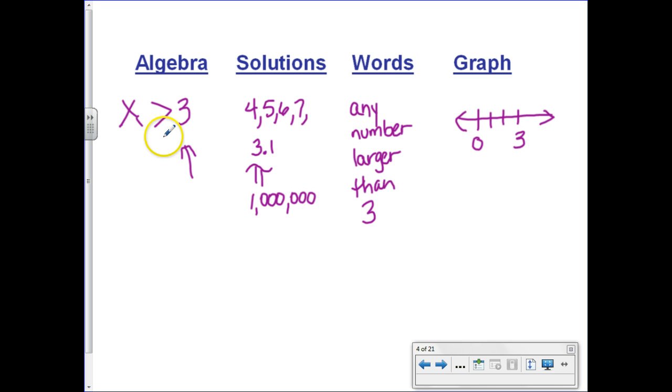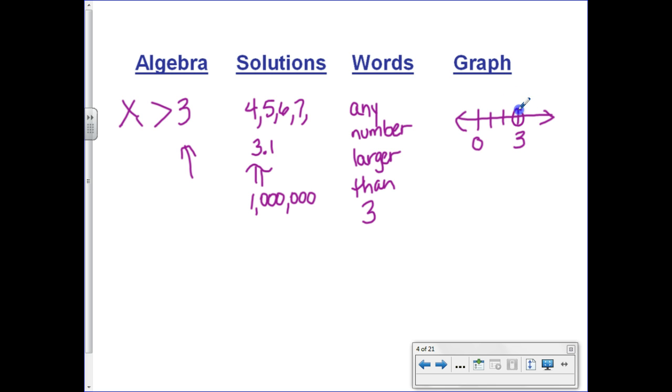Now, here's what's happening. I want all of these numbers like 4, 5, 6, 7, 3.1, pi, 1,000,000. I want that represented on here. So although I can't choose exactly 3, 3 isn't bigger than 3, but I want to show that this is my starting point.